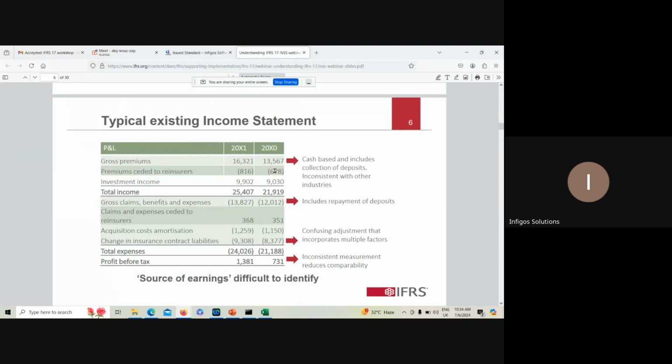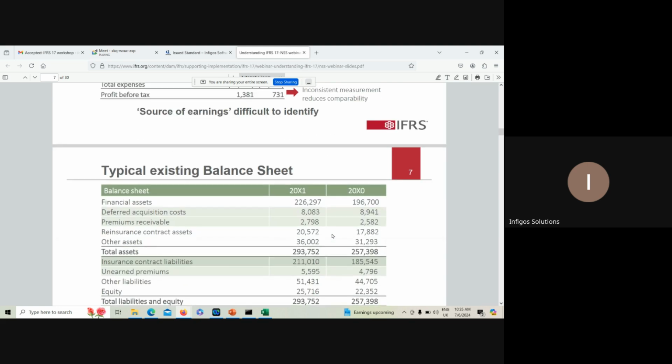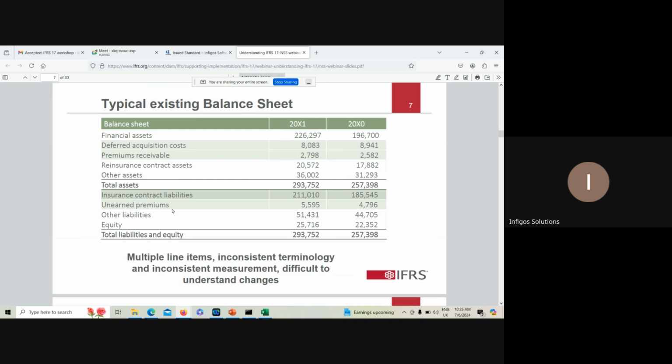They used to have income statements like this, cash based, which include deposits. When you include deposits inside the premiums calculation, it used to create confusion. And the repayment of deposit is part of the expense. So there were too many confusing items in the income statement and too many confusing items in the balance sheet.